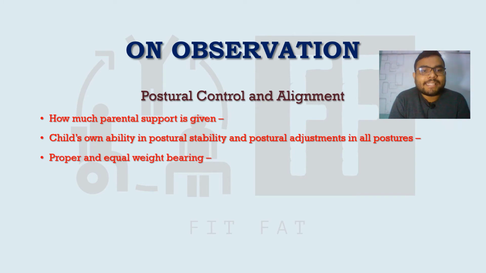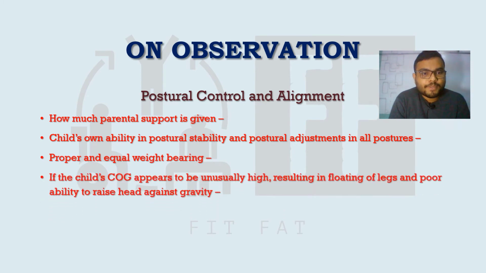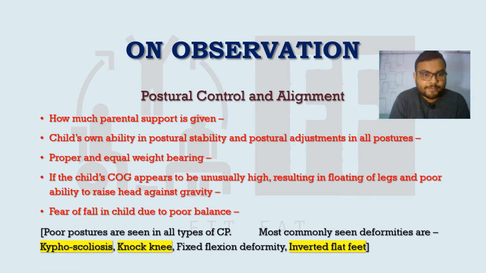The proper and equal weight bearing, whether the child can do that or not. If the child's center of gravity appears to be unusually high, resulting in floating of the legs and poor ability to raise the head against gravity, then you need to mention that also. Then you need to know if there is any fear of fall in the child due to that poor balance, right?